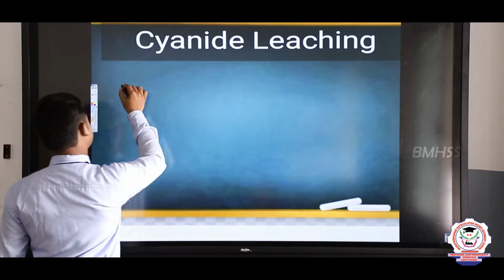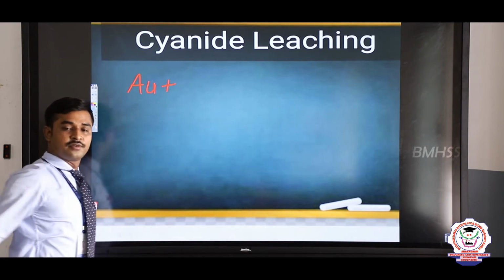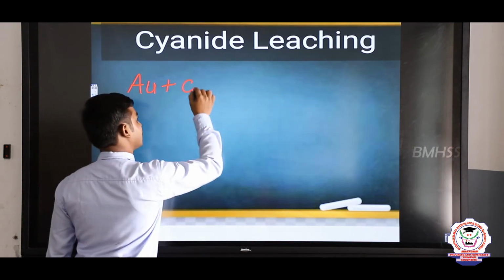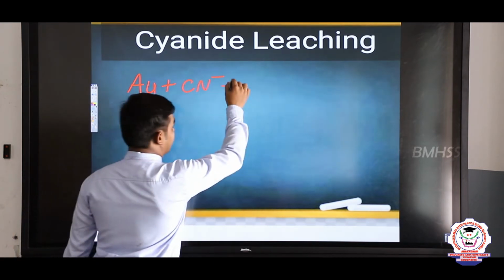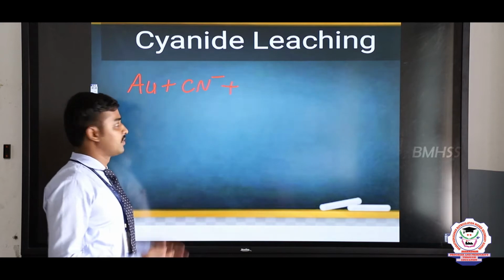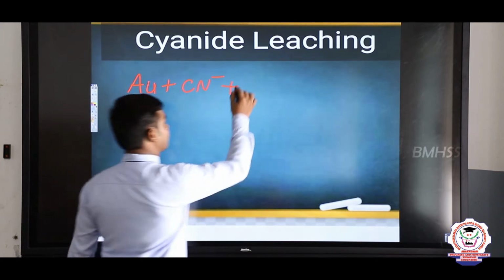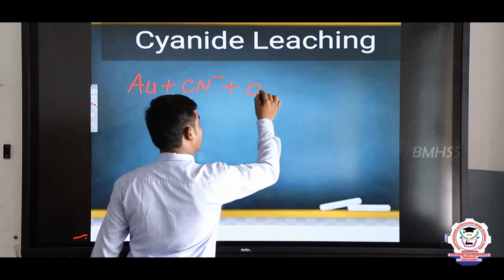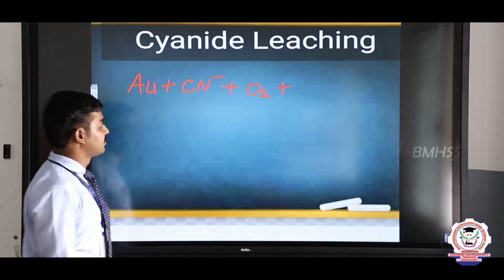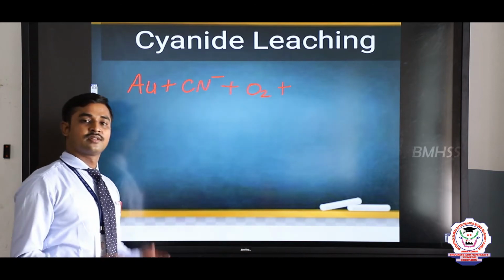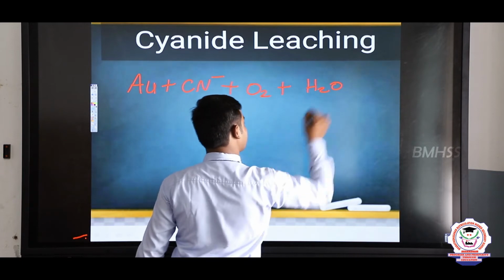First, we take gold and then we use sodium cyanide, in which the cyanide ion reacts with the gold. Aerated means the oxygen present in the air reacts with the complex. So O2 reacts with the complex, and diluted means water is added, so water also reacts in this reaction.